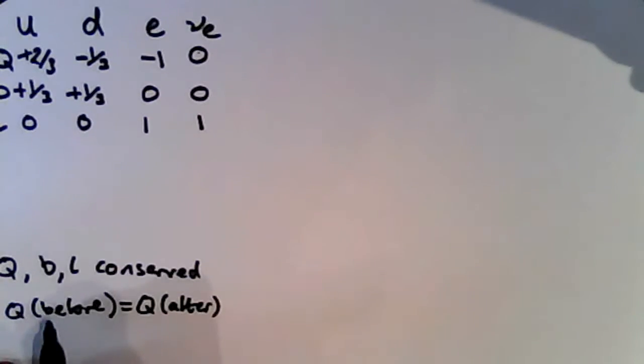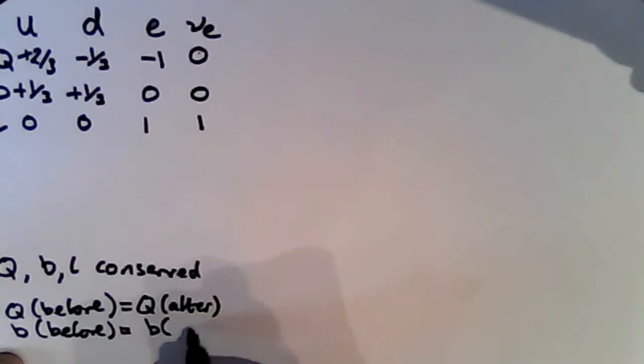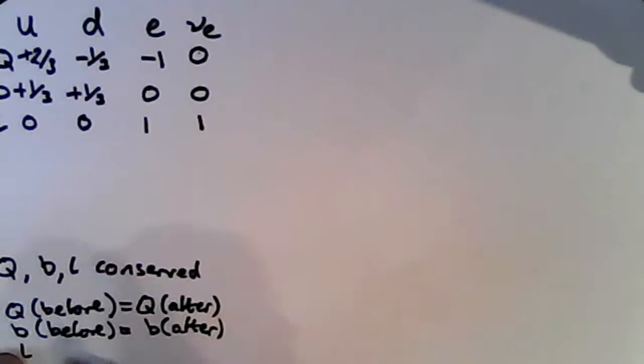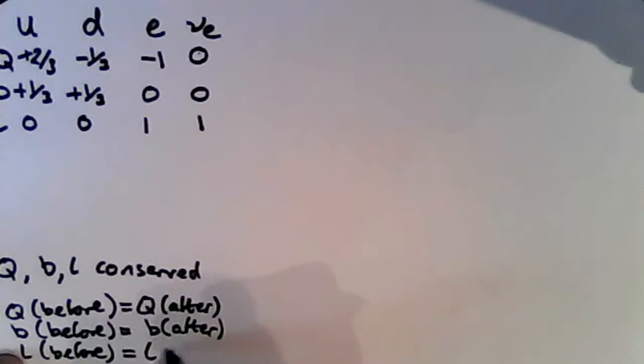The quantity of the electric charge before will be the same as it is after. The baryon number before will equal the baryon number after. And for the lepton number, the before will equal the after.